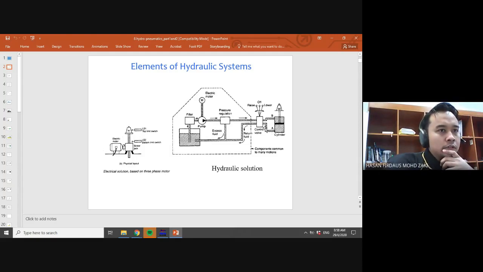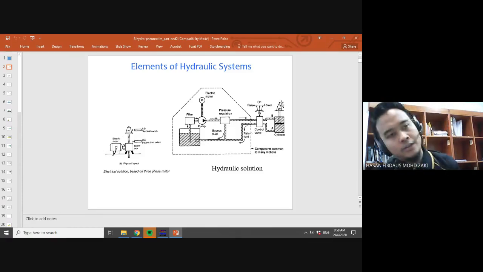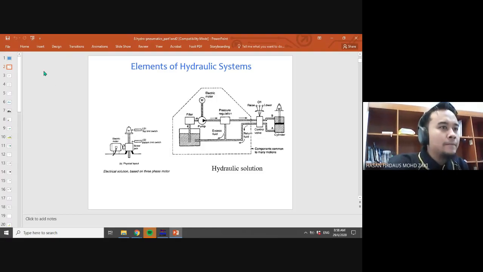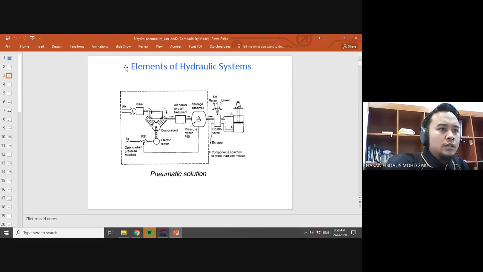So using this control valve, you can control the cylinder to go to the advanced position or retracted position, whether you want to pull or push towards the top, right? Okay, so I will skip lots of things here that you can read by yourself.